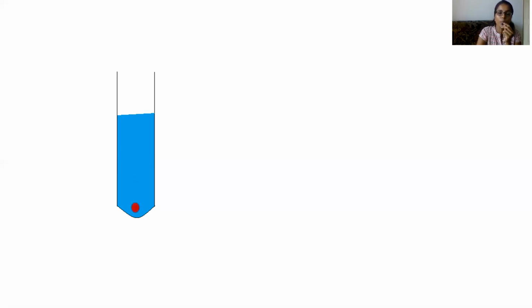Suppose the drop of blood sinks to the bottom of the tube, it indicates hemoglobin concentration is normal, or the hemoglobin concentration of blood is equal to the hemoglobin concentration of the copper sulfate. Now suppose the drop of blood added to the copper sulfate solution is floating over the surface, it indicates hemoglobin concentration is less or below the normal range.